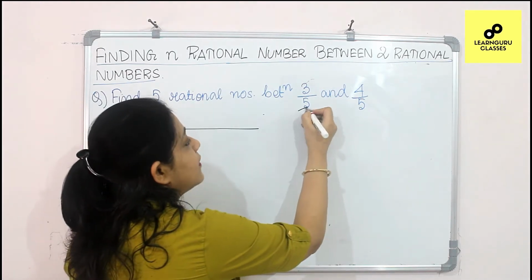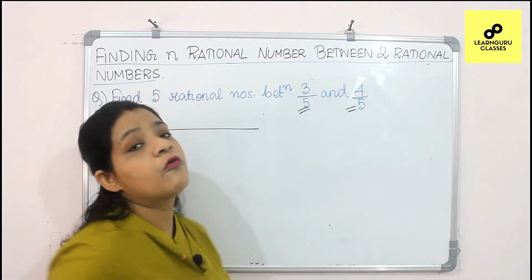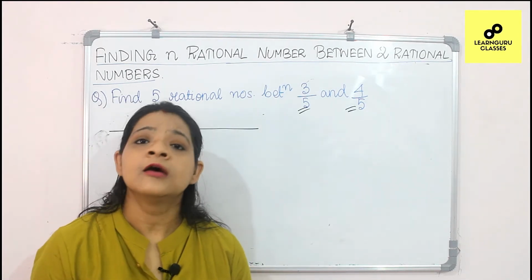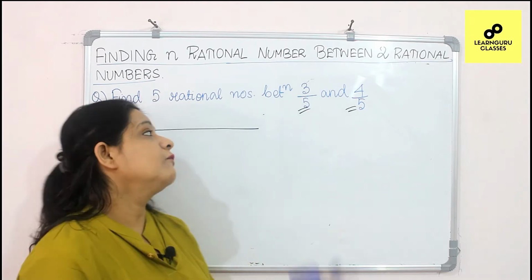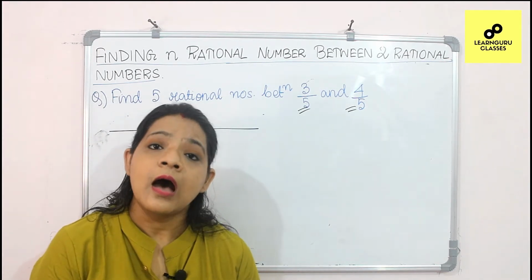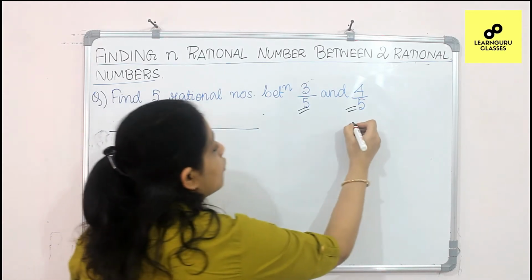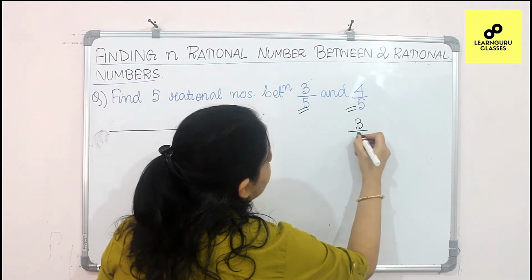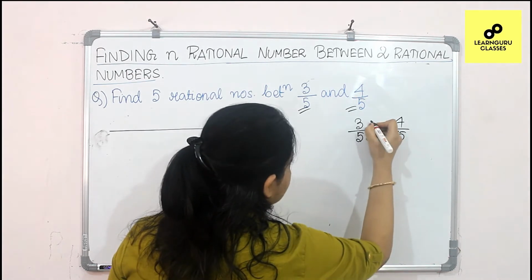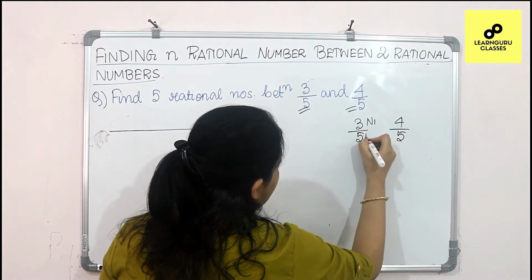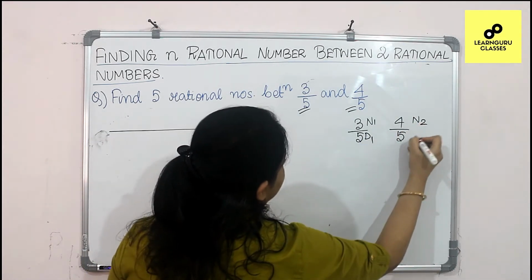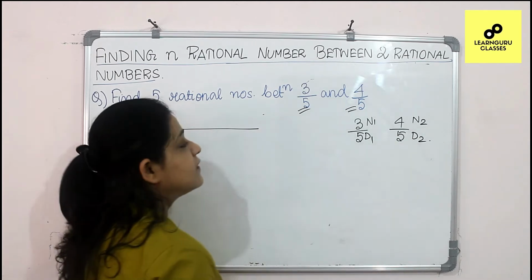The two numbers given are 3 by 5 and 4 by 5. They are in the form of fractions, so you have to judge which number is greater. For that we use the method of cross multiplication. This is the numerator and denominator of the first fraction, and this is the numerator and denominator of the second fraction.